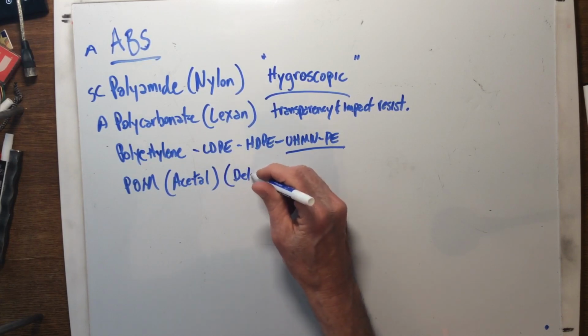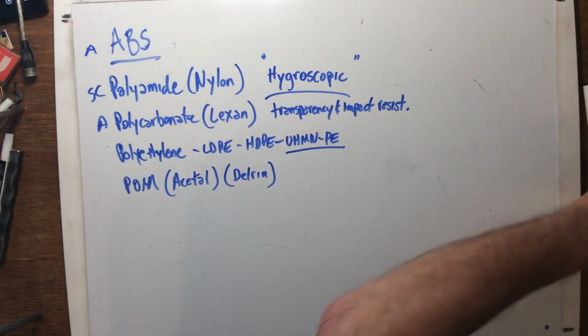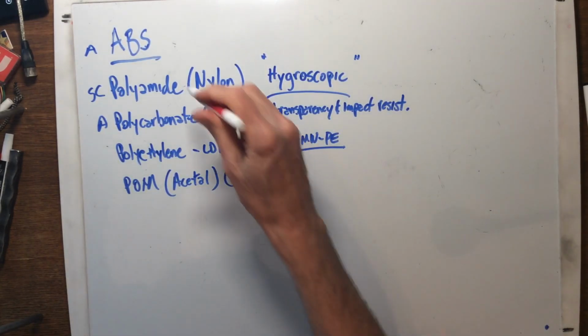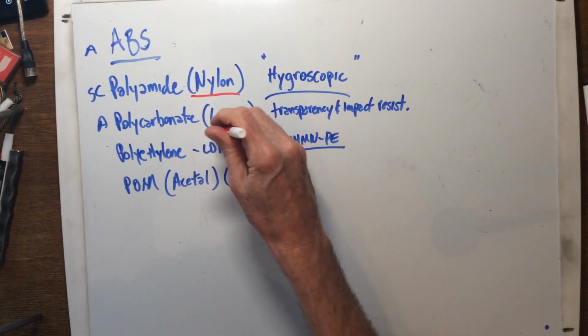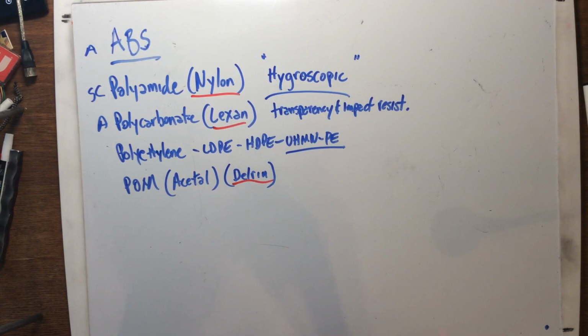You might have heard the trade name Delrin, and I'll underline these trade names. Delrin is, of course, one from DuPont. And it's excellent. It is one of the better engineering grade resins.